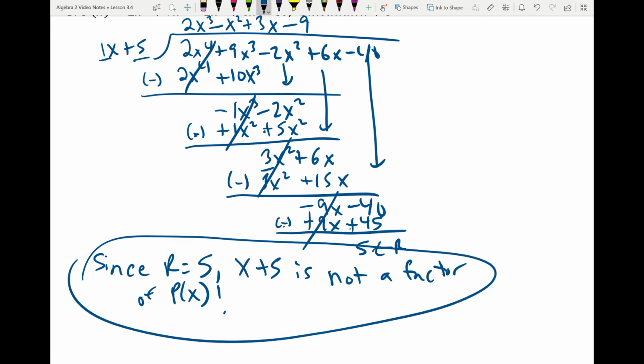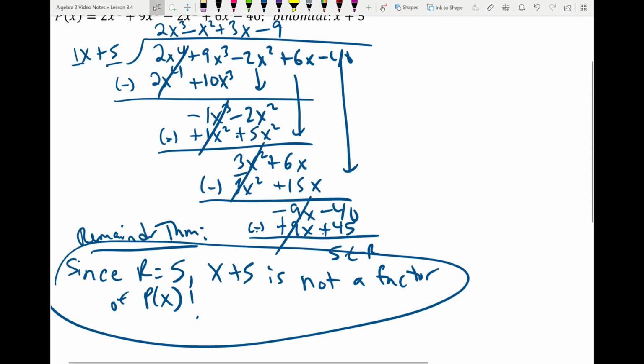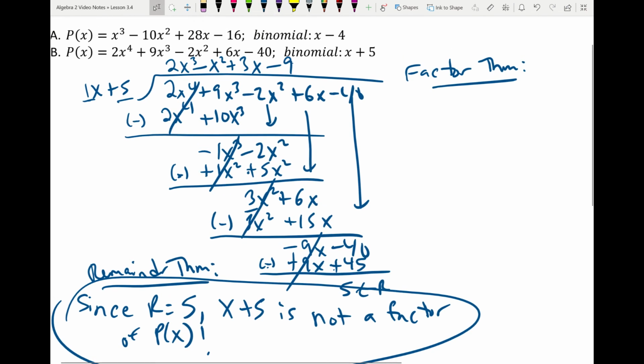Okay, so there's that. That's for the remainder theorem. Now we need to do the factor theorem. So for the factor theorem, we're going to take this x plus 5 and we're going to plug in negative 5 into the polynomial.